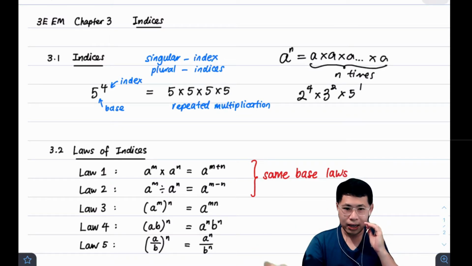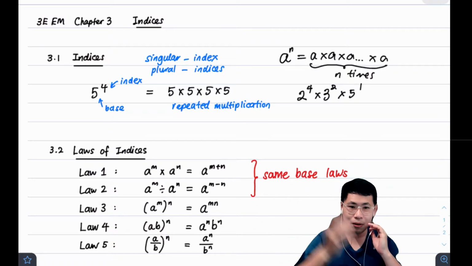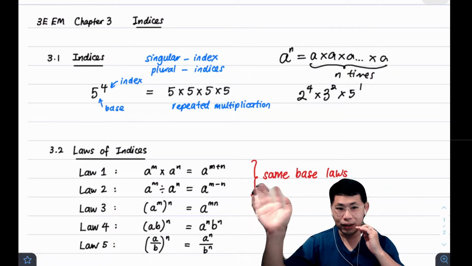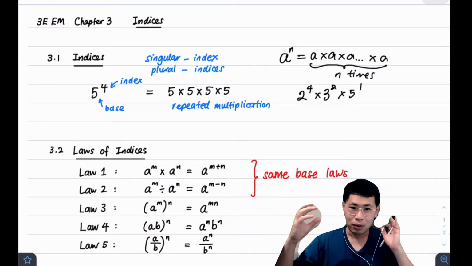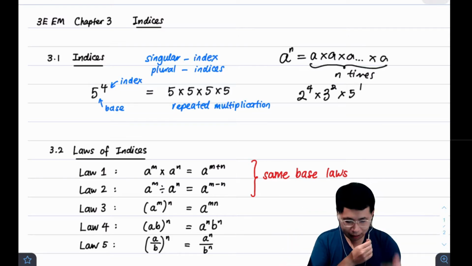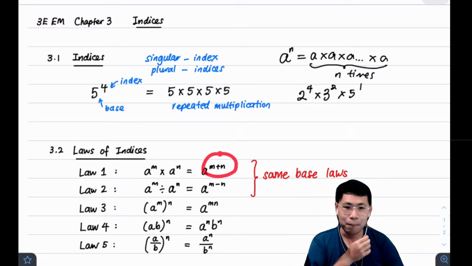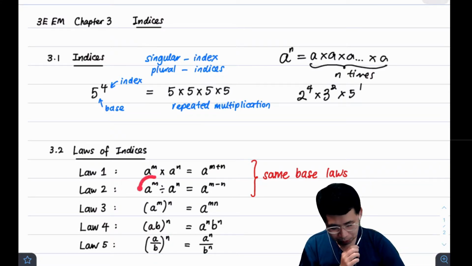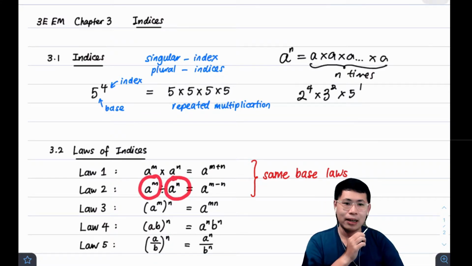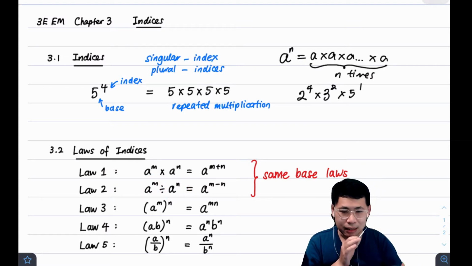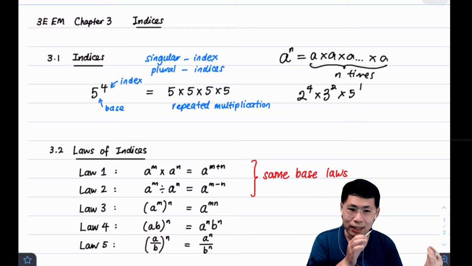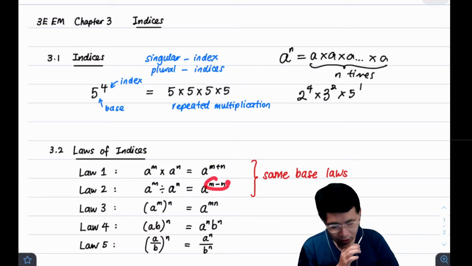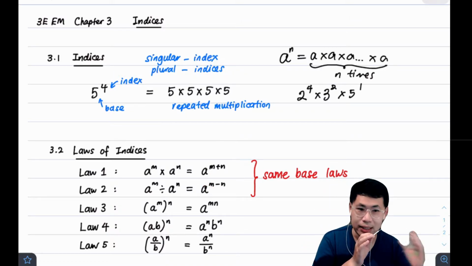So when you have base a to the power of m multiplied by base a to the power of n, when you multiply them together, you can add the powers, m plus n. Same thing over there. If you look at a to the power of m divided by a to the power of n, because they have the same base, we can combine the indices together, and we will have m minus n as the index.